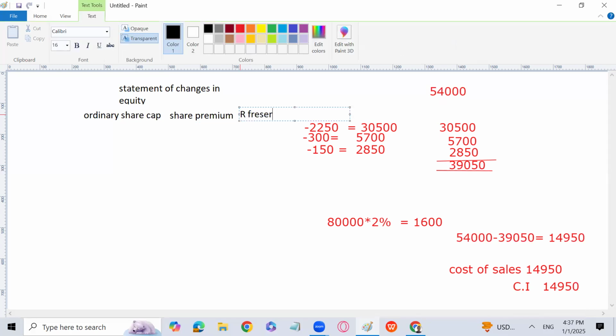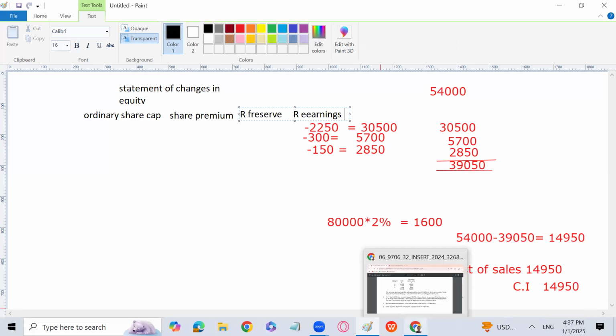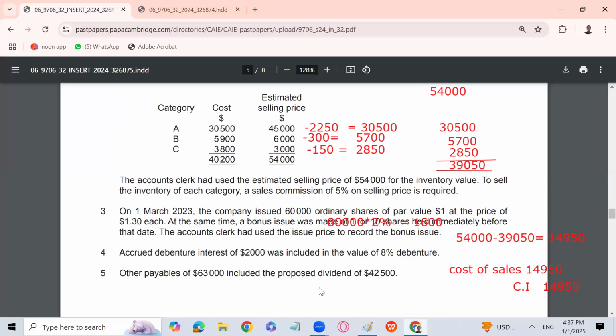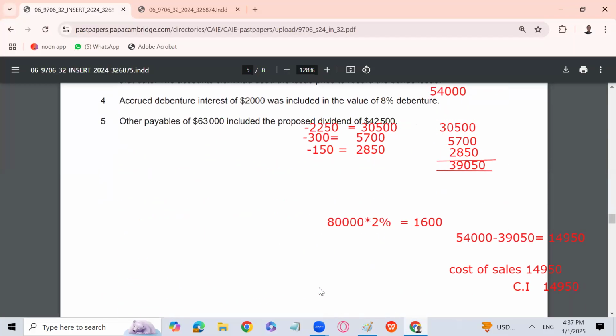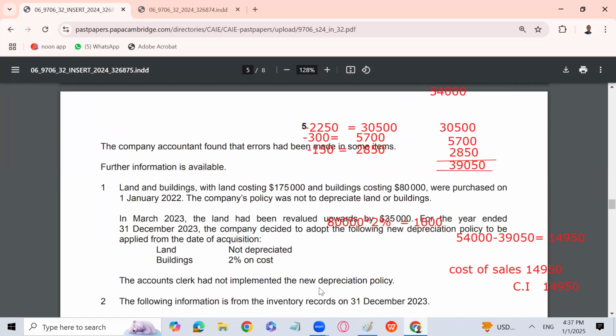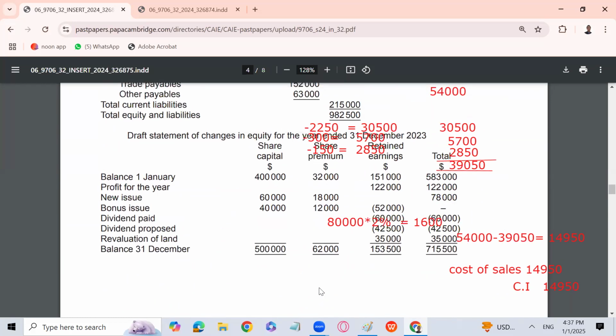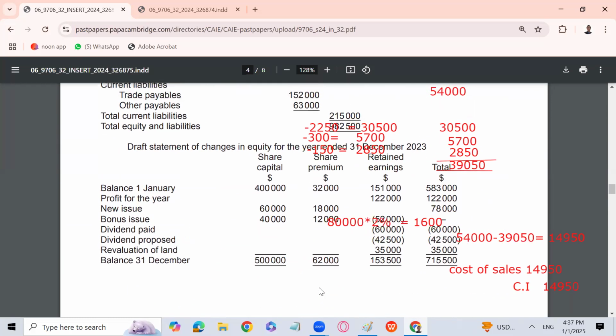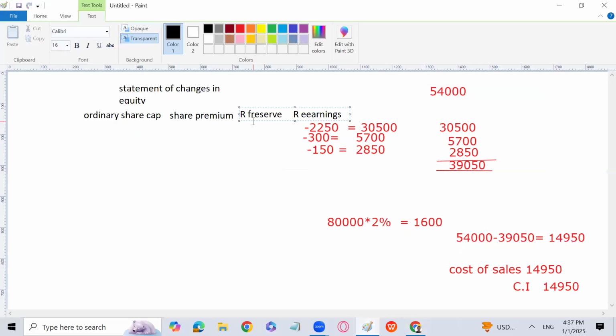Then we have revaluation reserve, and then we have to go for retained earnings. Let's see the balances first, because the statement of changes in equity they have prepared is not actually up to the mark. There is a problem in that. So the balance we will go with is 4,32,000. Let me write it down here.